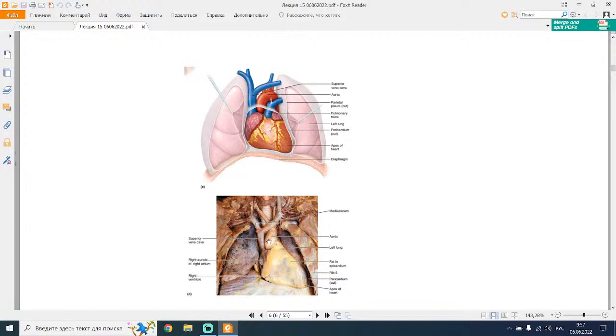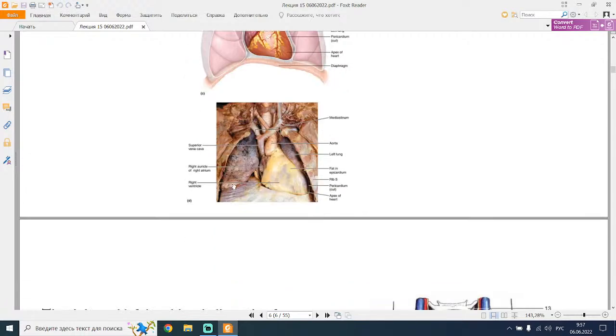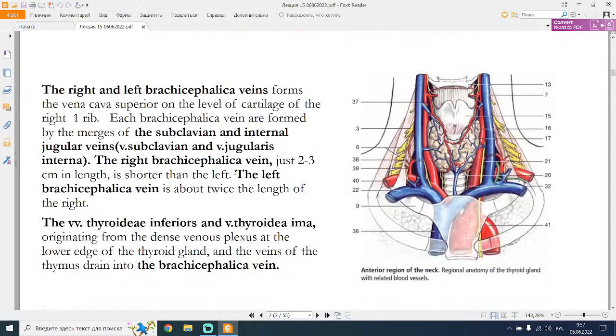This is the aorta, the heart. The right and left brachiocephalic veins form the vena cava superior at the level of the cartilage of the right first rib.